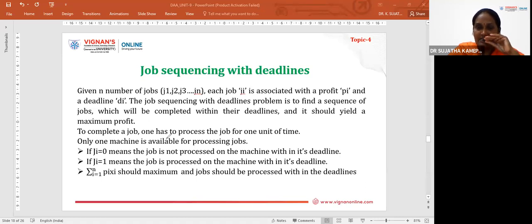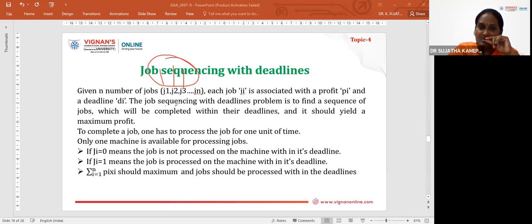Let us say all take 1 unit of time. That is, J1 takes 1 unit of time, J2 takes 1 unit, J3 takes 1 unit, and so on. So if you complete all these jobs within their deadlines, then you can earn the profit from those jobs.